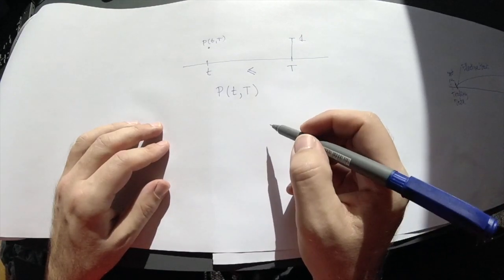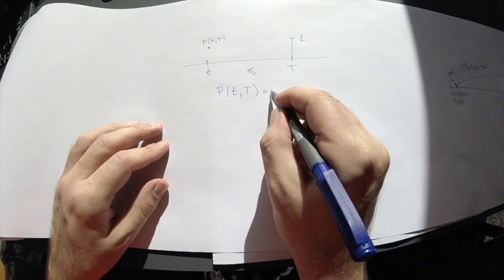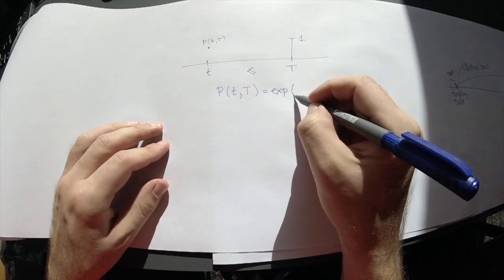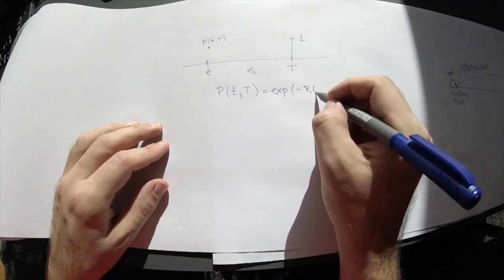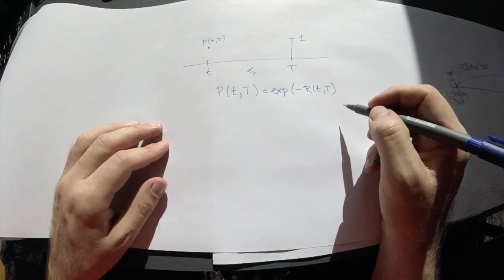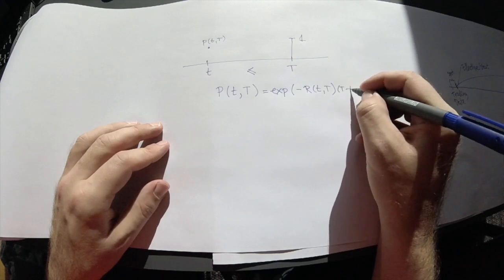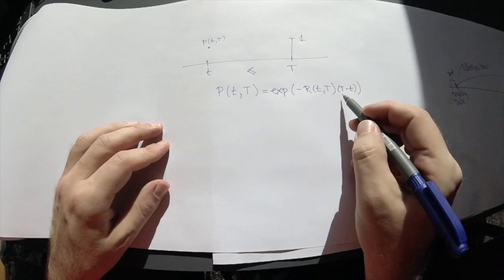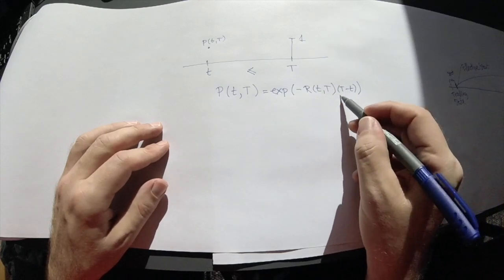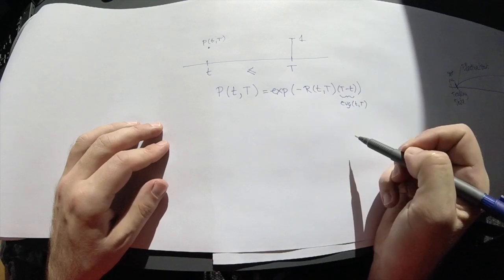You may be used to looking at discounting as something with rates. So it may be that you think of discounting as, say, continuously compounded rates. And that allows us to introduce another name. Let's call it the continuously compounded zero coupon rate. And let's be a little bit loose about the measure of time. Let's just think of capital T minus small t as the coverage between those two dates.